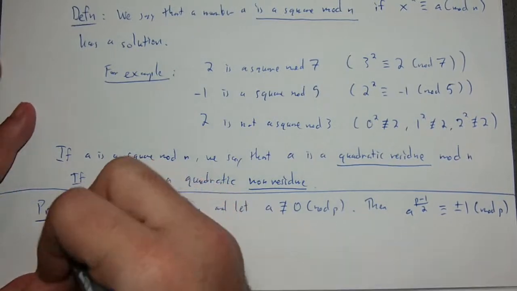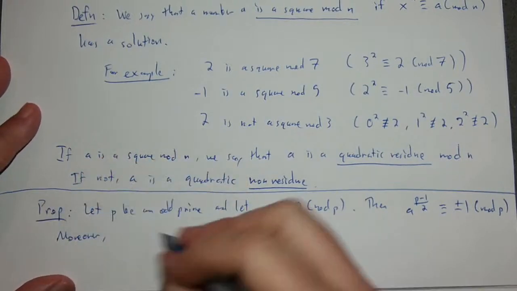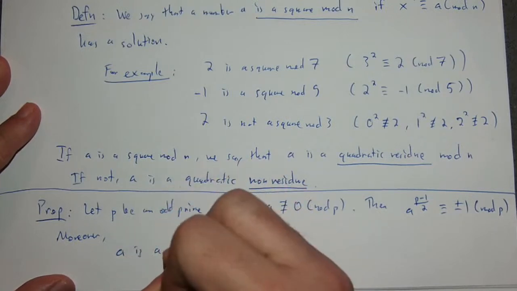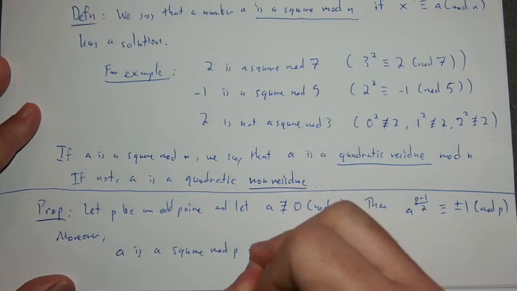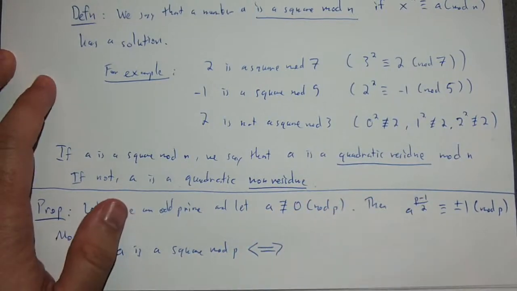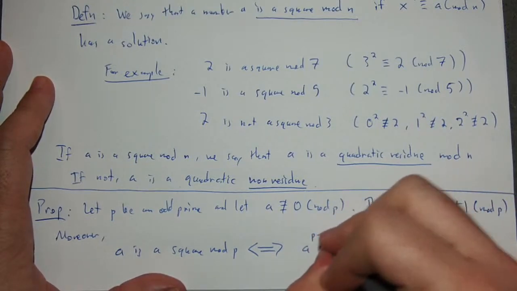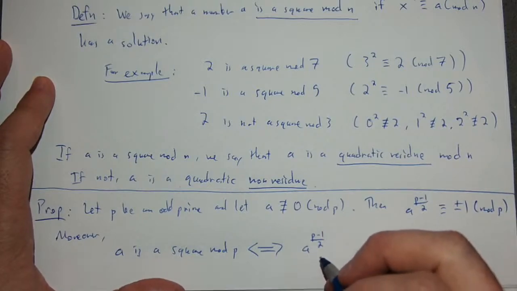Moreover, a is a square mod p if and only if a to the (p minus 1) over 2 is congruent to 1 mod p.